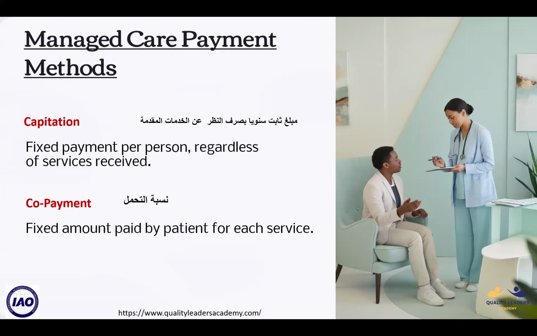Here the organization enters into an agreement with the insurer saying that you pay us X dollars monthly and we will provide services to that particular patient for any number of visits, or even if they don't visit, you are going to pay that much.